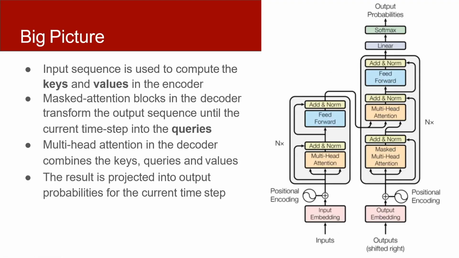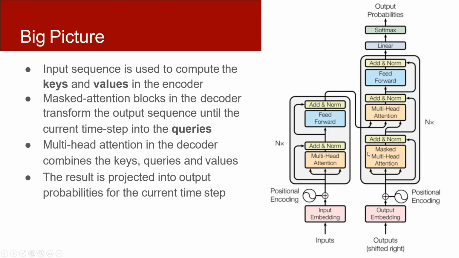So we're looking at the big picture here. The input is added with a positional encoding, and then we run this through the multi-head self-attention, and we normalize and feed that to a feed-forward neural network, and we get the keys and values to be used by the decoder. So for the decoder, we're also adding the positional encoding.